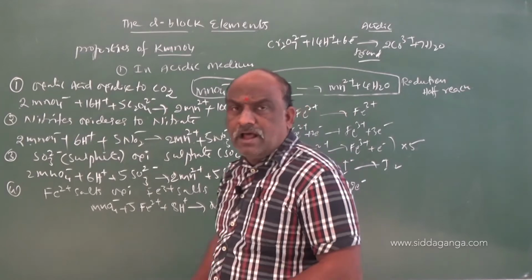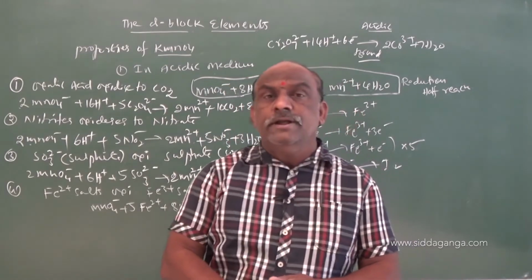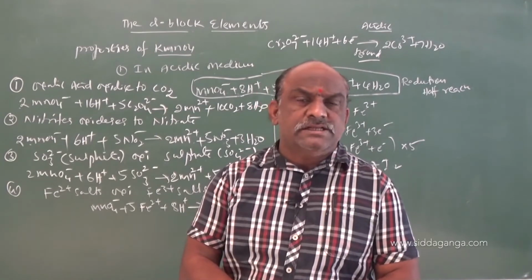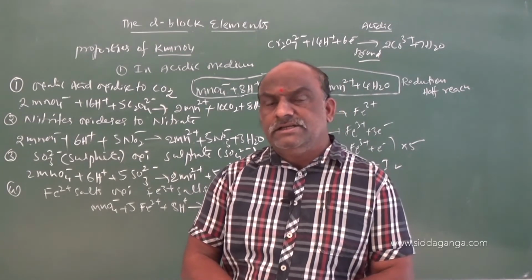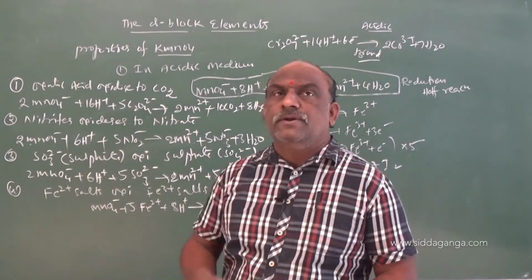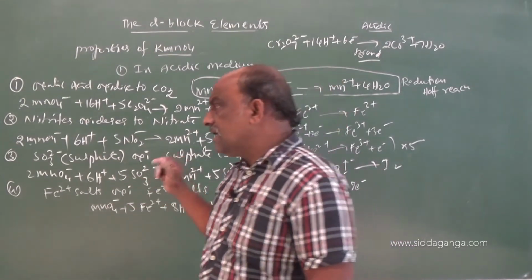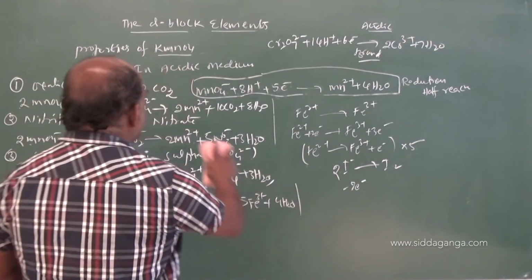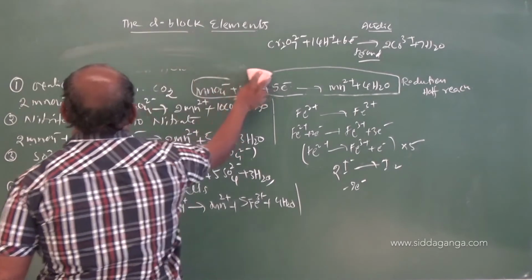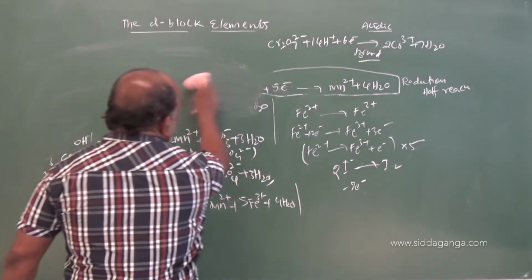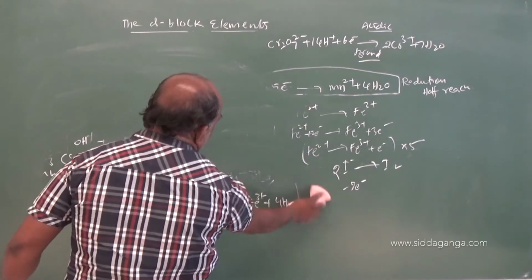In alkaline medium, neutral medium or fairly alkaline medium, MnO4 minus also acts as an oxidizing agent. Then what are the reactions regarding the alkaline medium? After that, what are the uses of KMnO4? Those are the last properties of potassium permanganate.